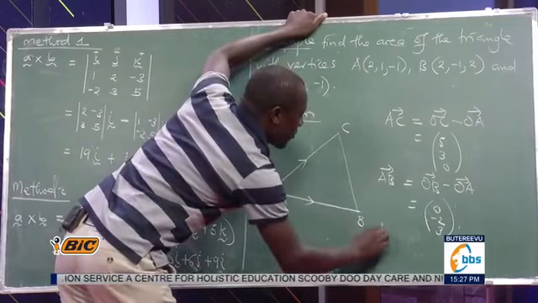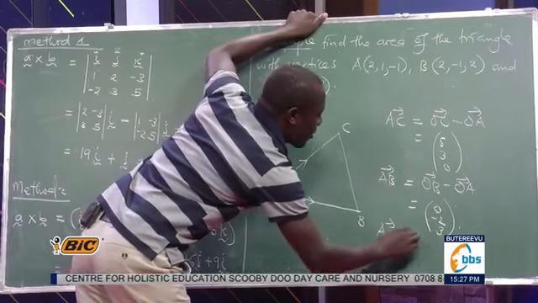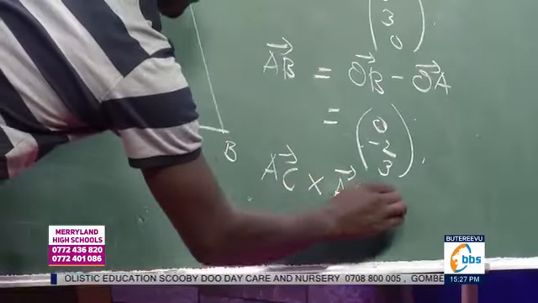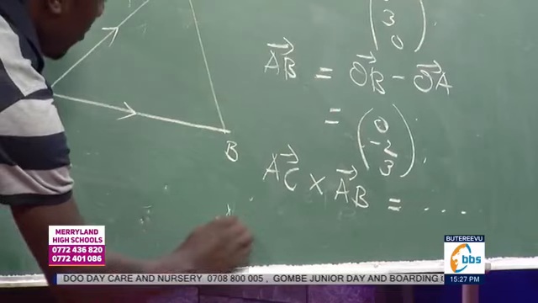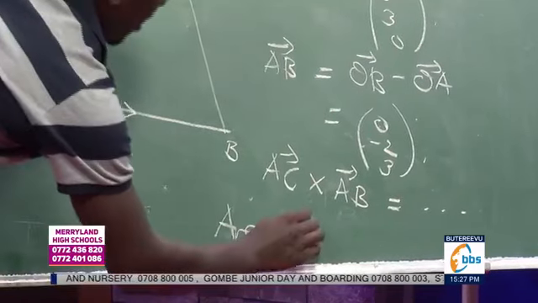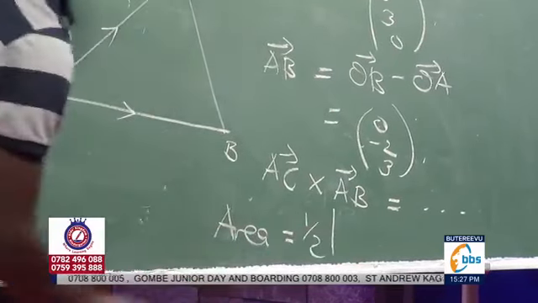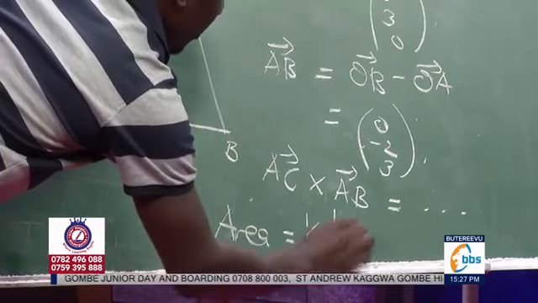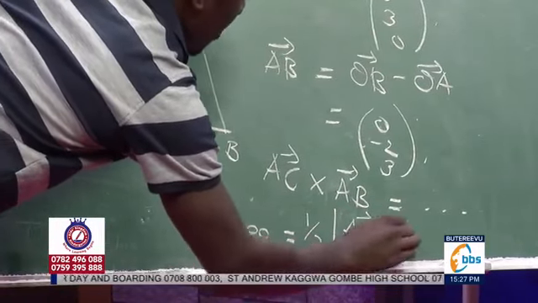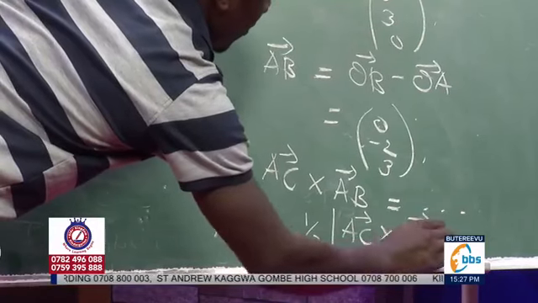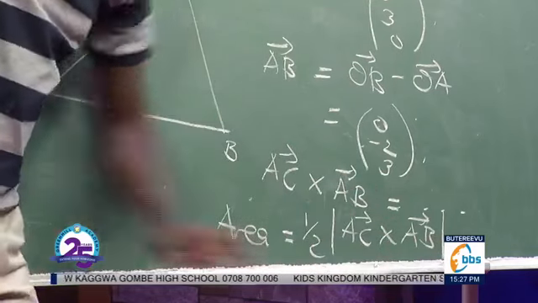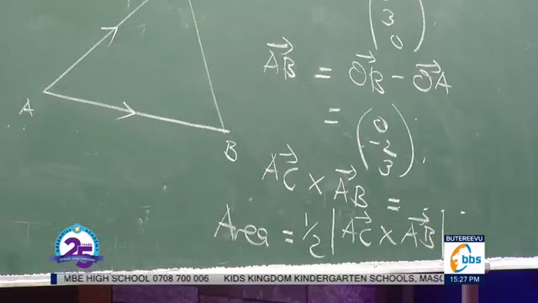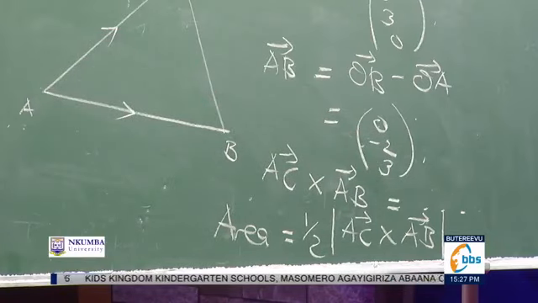You're going to have to find AC cross AB in your free time, so that the area would be equal to 1/2 of the absolute value of AC cross AB. So when you get this vector, get its magnitude. We know how to get the magnitudes of those things, and then you get yourself the area, and that will be in square units.